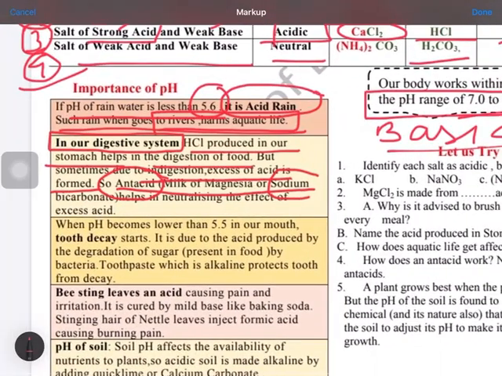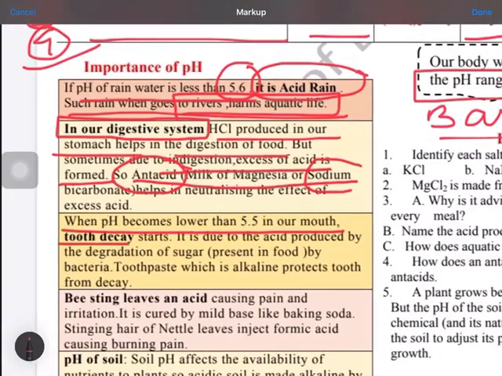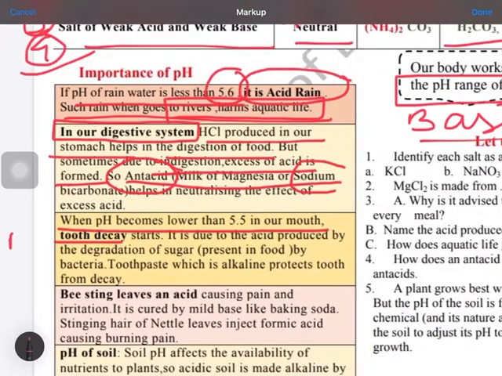When pH becomes lower than 5.5 in our mouth, then it is tooth decay. Why is it said that after having a meal you have to brush your teeth? Because inside the mouth the pH is basic. So when you are eating a sweet thing, the bacteria in your mouth will break down that sweet thing into acid, and they lower the pH of your mouth.